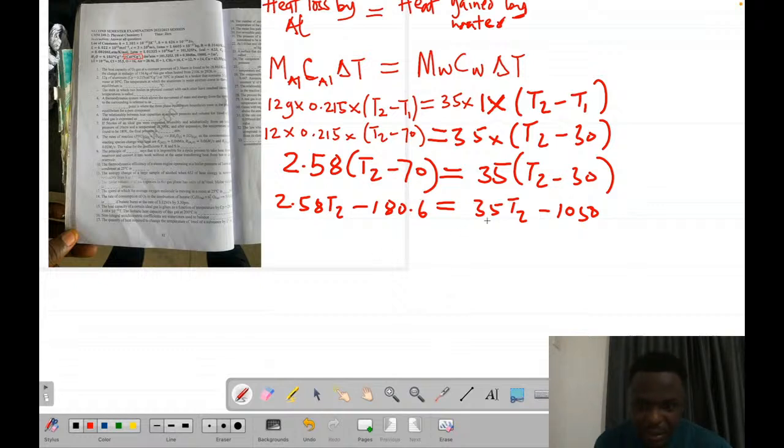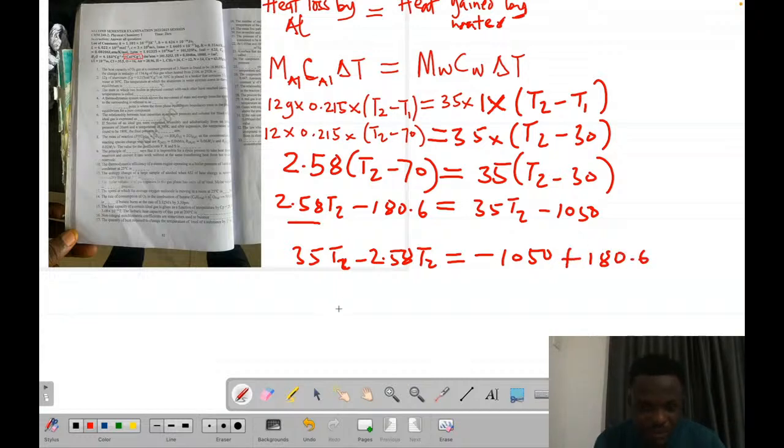If you bring 35 T2 over to this side, minus this one here, 2.58 T2 equals, you now take this one over to this other side. We now have minus 1050 plus 180.6.